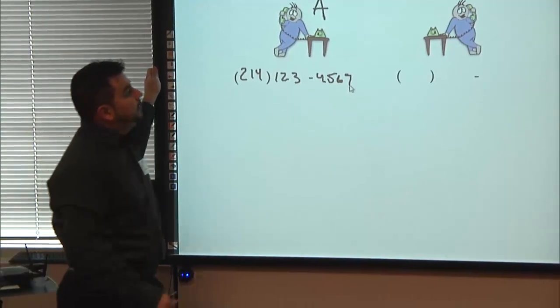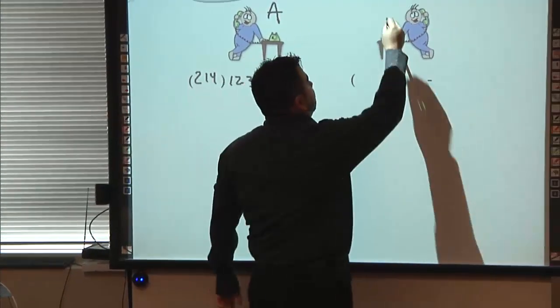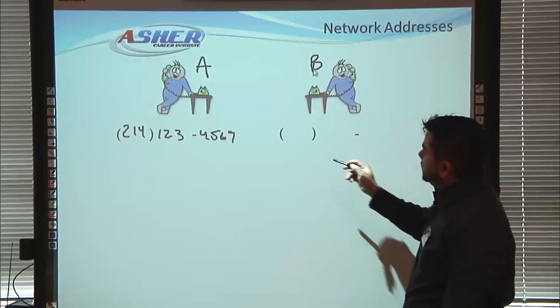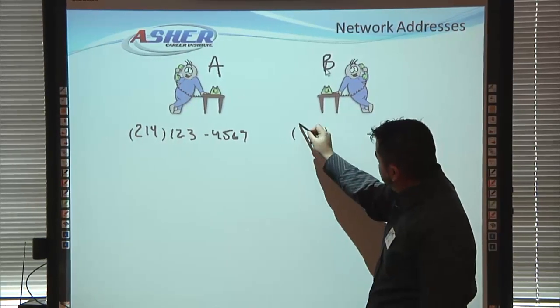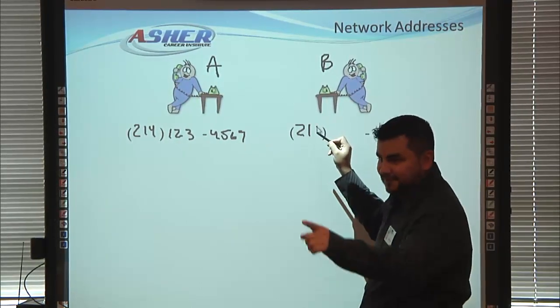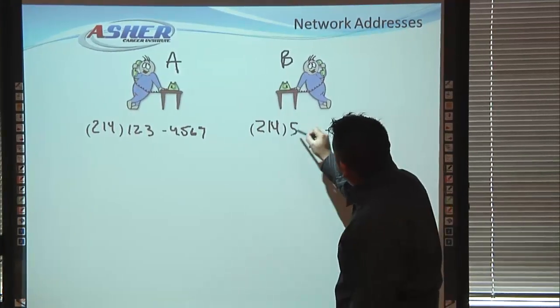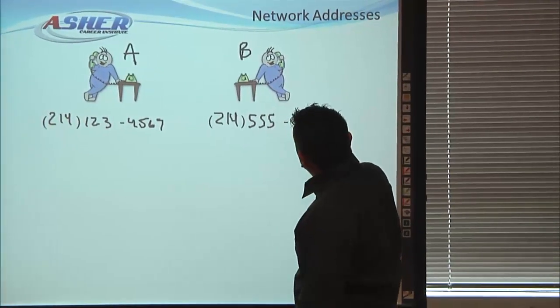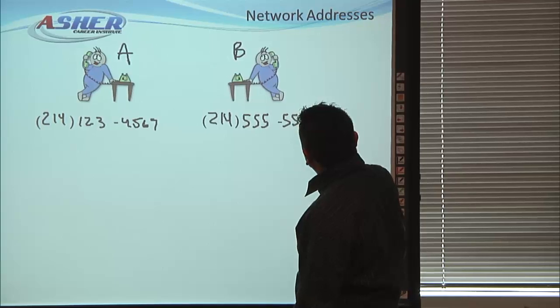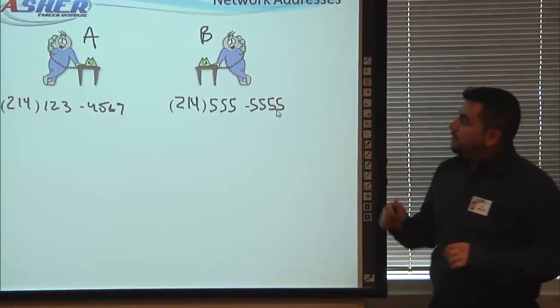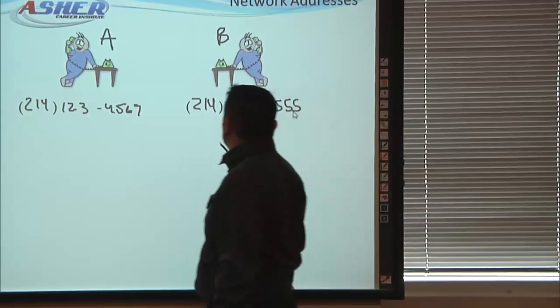And then person B over here would need a phone number of what? First part should be what? 214, and then the famous number of 555-5555.